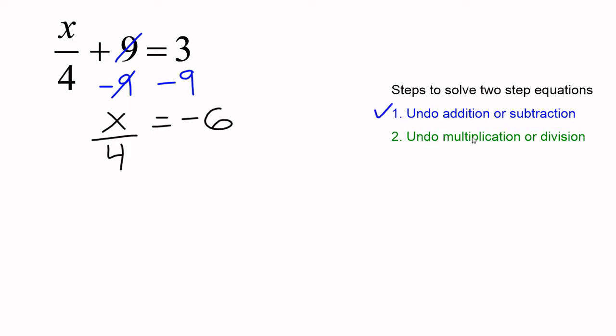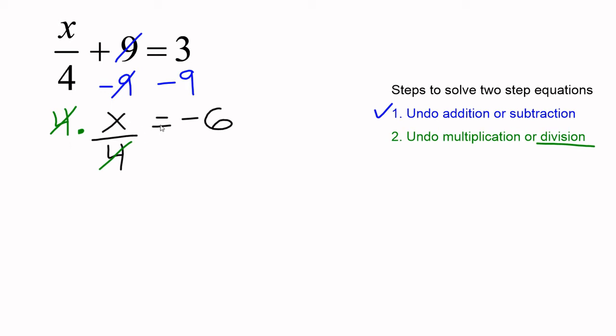Next, we want to undo any multiplication or division. Here we have the division part. We have a division of 4. We want to get rid of that division by 4 by doing the inverse operation, which is multiplying by 4. If I multiply by 4, I will cancel those two 4s out, and I'll just get x like I want.